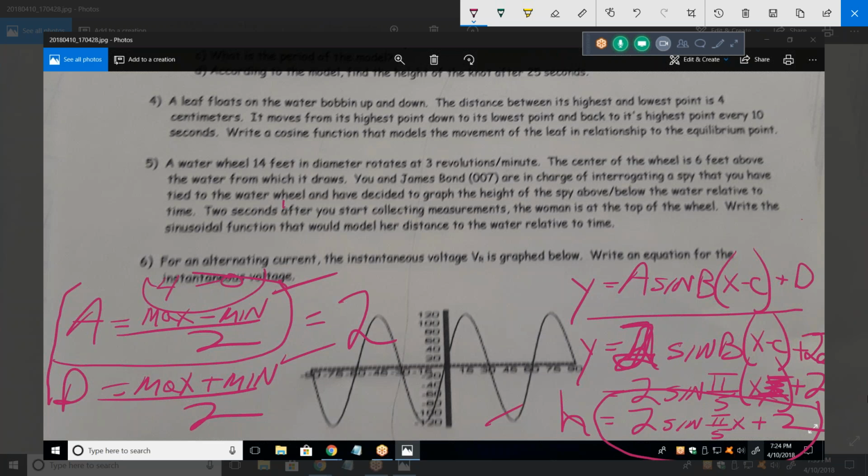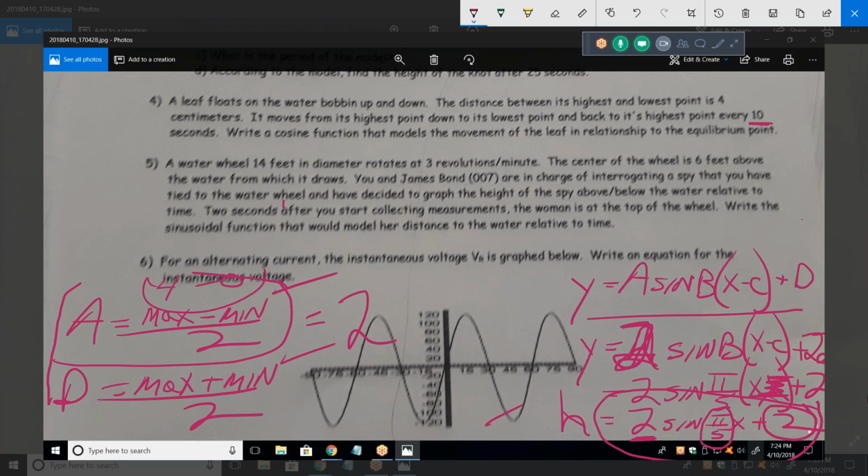Well, if we check, A is definitely 4 divided by 2, so that's correct. B is definitely 2 pi divided by 10, so that's correct. And the only thing that's in question is that plus 2.